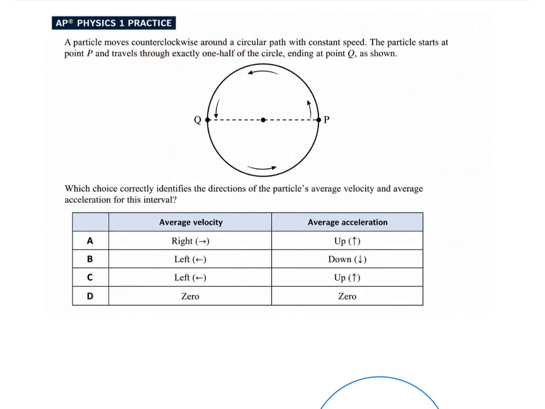This particle moves from P to Q along the circular path in counterclockwise sense with constant speed. So this is the starting point, and this is the point where the particle reaches. Now we have to find the direction of the particle's average velocity and average acceleration.